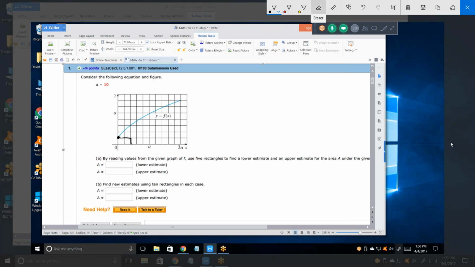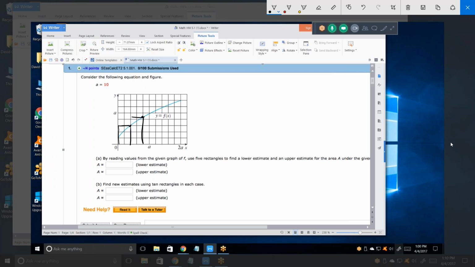Now, that's called left-hand, and there's another method called right-handed, where I put the upper right-hand corner of the rectangle on the curve, and I draw my rectangles like this.